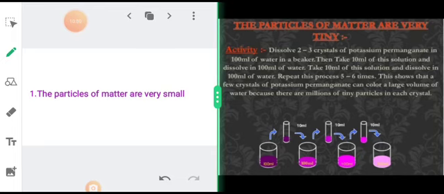But still, the color that was imparted to water by the crystals of potassium permanganate does exist to some extent. This activity shows that a crystal of potassium permanganate might be made up of millions of tiny particles which still remain associated with water, and that's why it has been possible to retain the color.